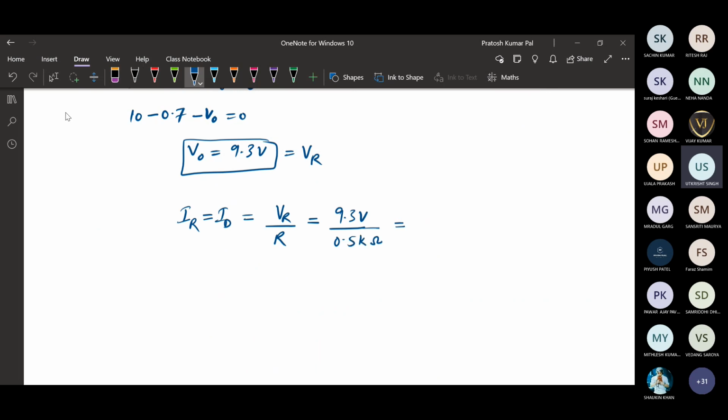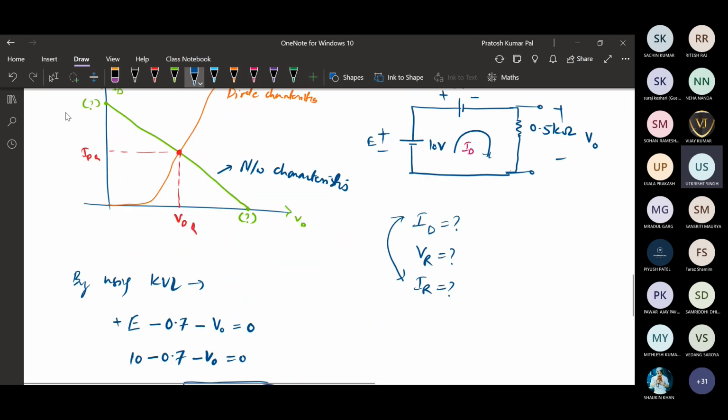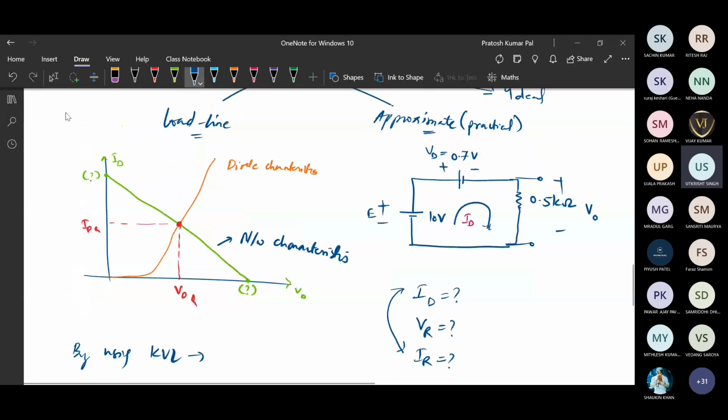From there it comes out to be 18.6 milliampere. So ID equals 18.6 milliampere. This is how we analyze it.